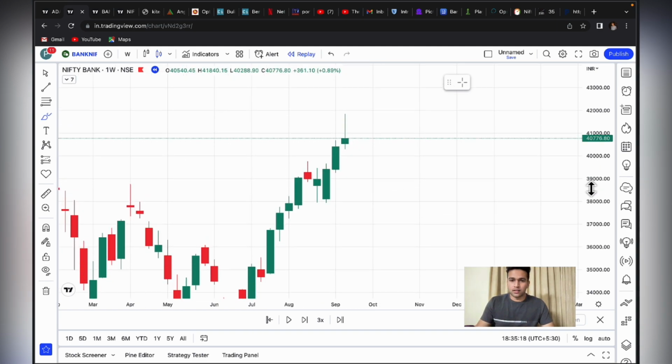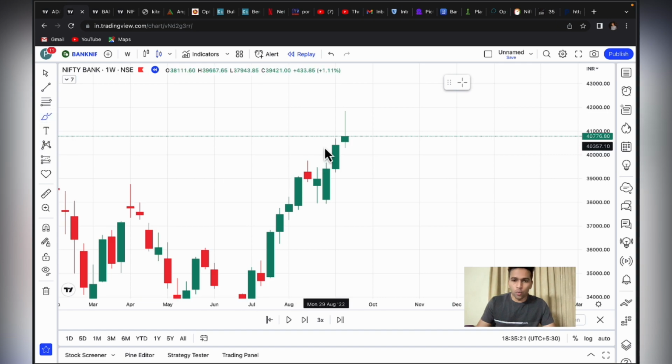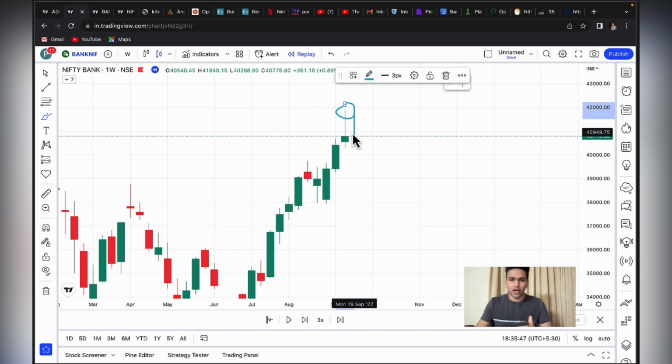Here, the candle opened higher with a gap up, and the bears tried to push the price lower, which they were not successful, and the bulls took the price higher all the way up till here, which of course they couldn't hold there, and the bears came into the picture and pushed the price all the way down here, and it closed somewhere here, making a pattern like this. So this is how an inverted hammer looks.